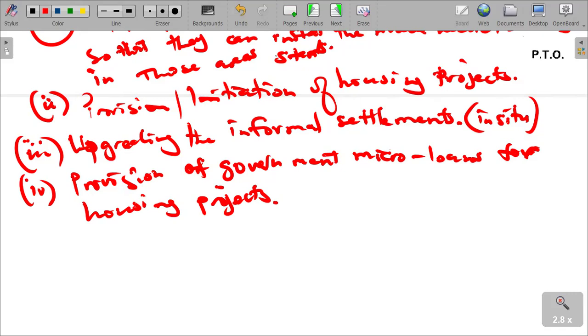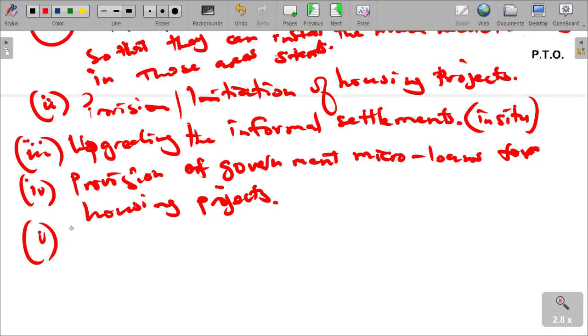Government can give people some loans in order for them to build housing. That can also be a good provision and development.